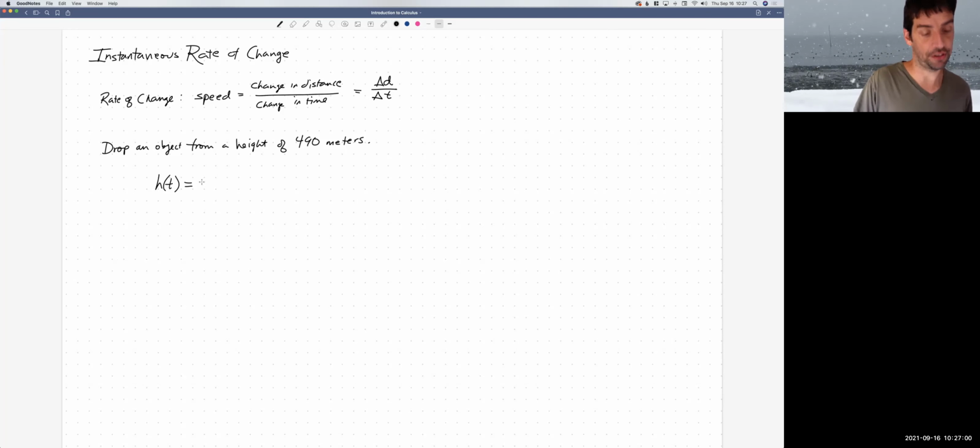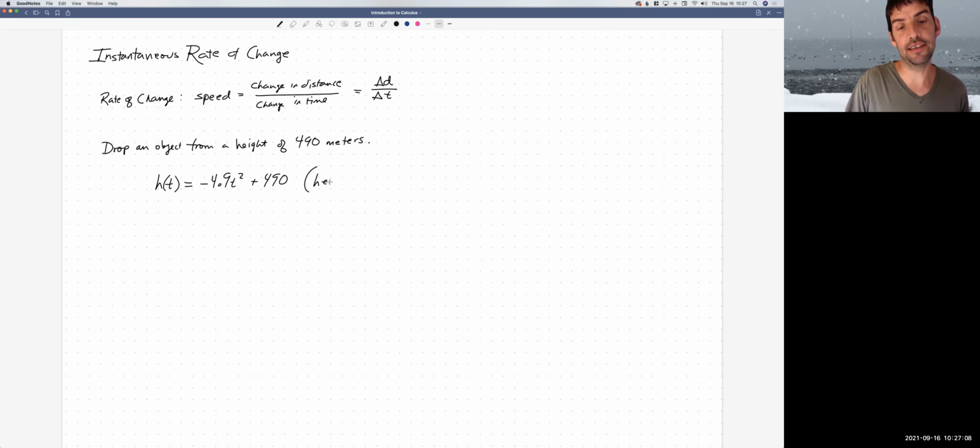So I can give this formula. This is going to be the height in meters of our marble at time t in seconds, right?